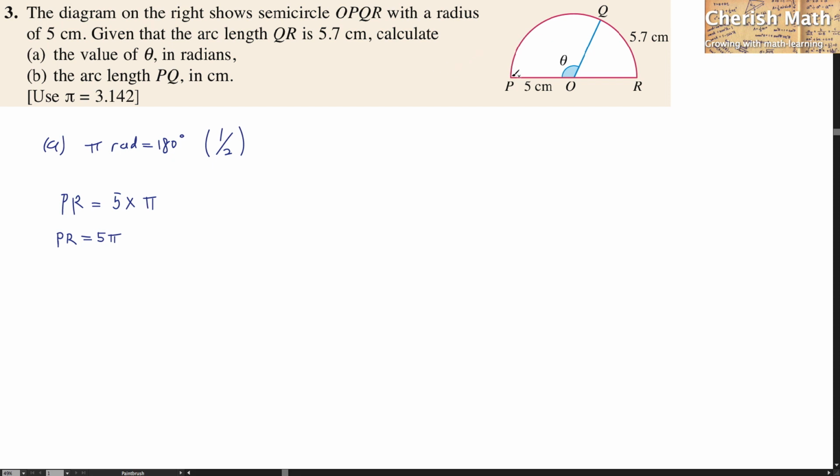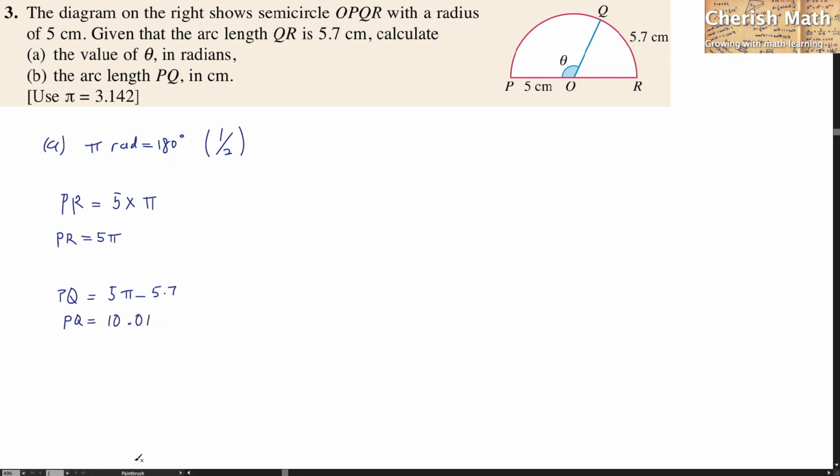To find the value of this arc PQ, I will have to do it by using PR, which is the semicircle arc, 5 pi, minus this QR given here, which is 5.7.